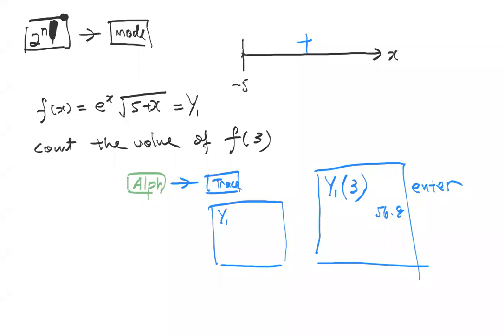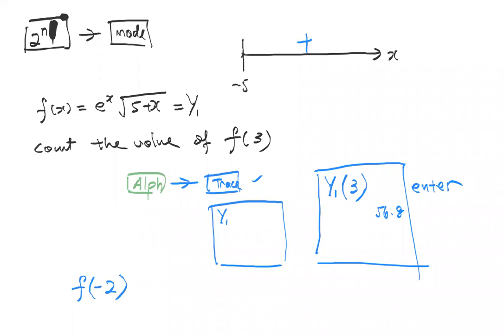Okay, now, if I want to continue to calculate another value, listen first. That's why I told you don't talk. If I want to calculate another value, for example, I want to know what is f(-2), do I need to do this all over again?